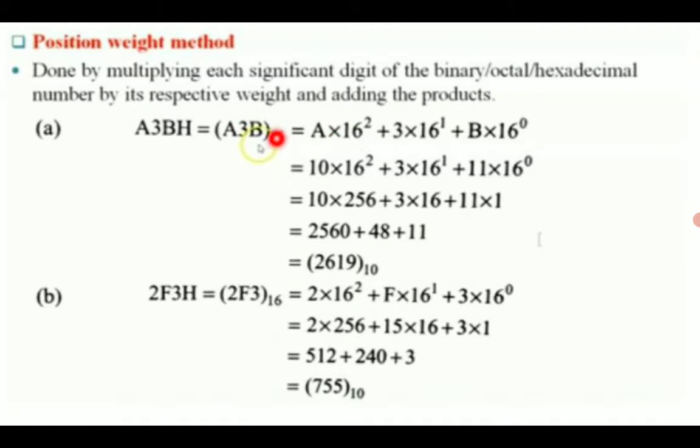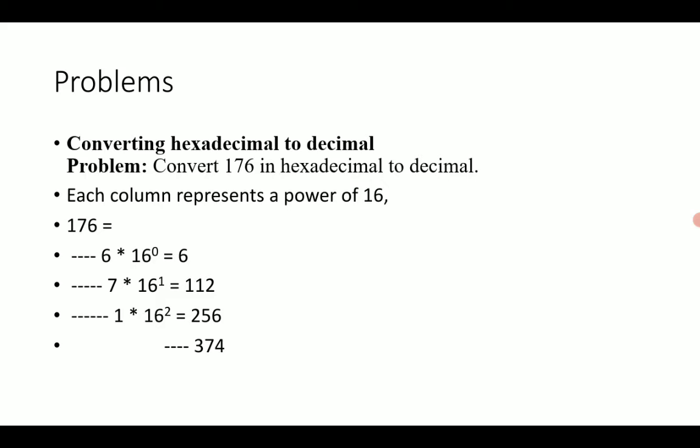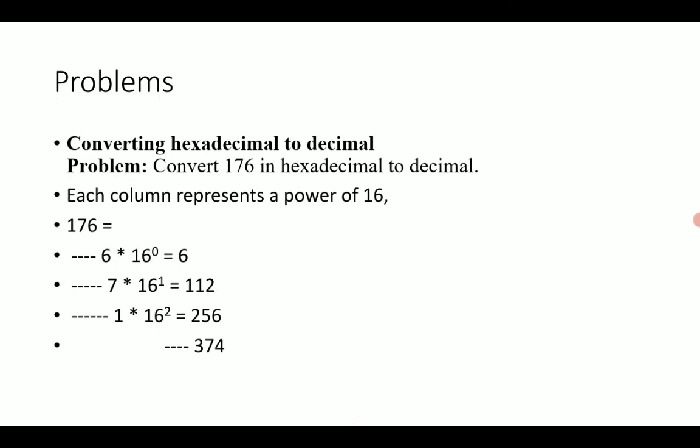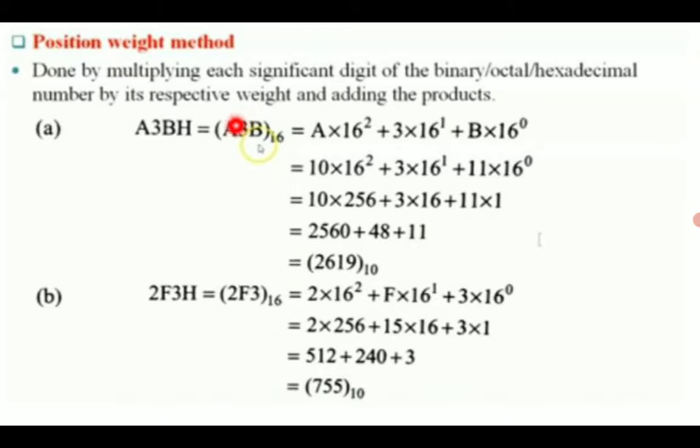If you have got A3B in hexadecimal, you may get a number in the form of A, B, C, D, E, F also. So don't get confused, you just write A into 16 raised to 2, 3 into 16 raised to 1, B into 16 raised to 0.